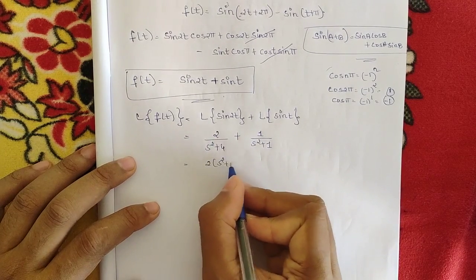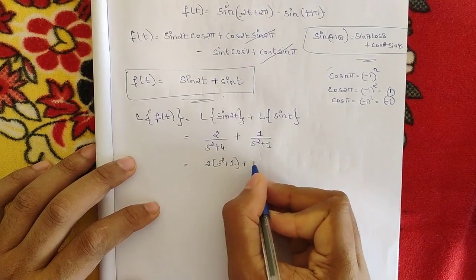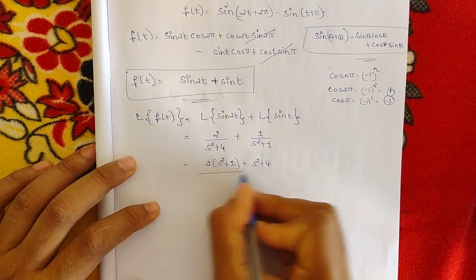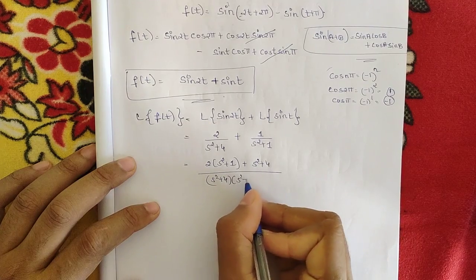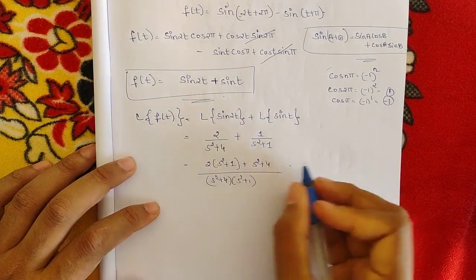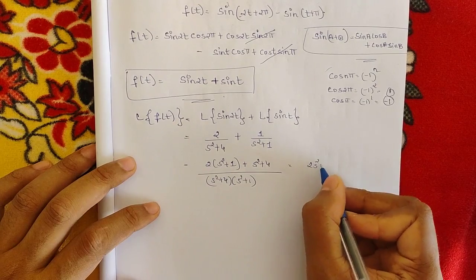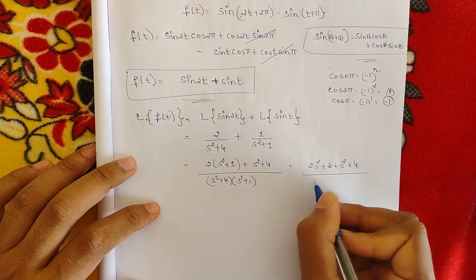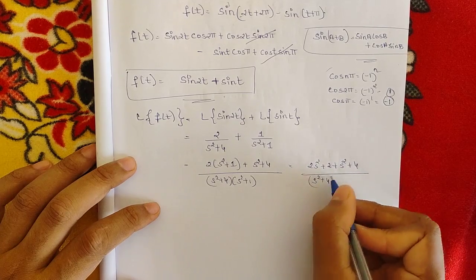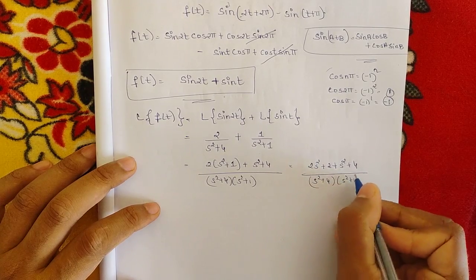So 2 into s square plus 1 plus s square plus 4 divided by s square plus 4 into s square plus 1. If you solve, you would be getting 2s square plus 2 plus s square plus 4 divided by s square plus 4 into s square plus 1.